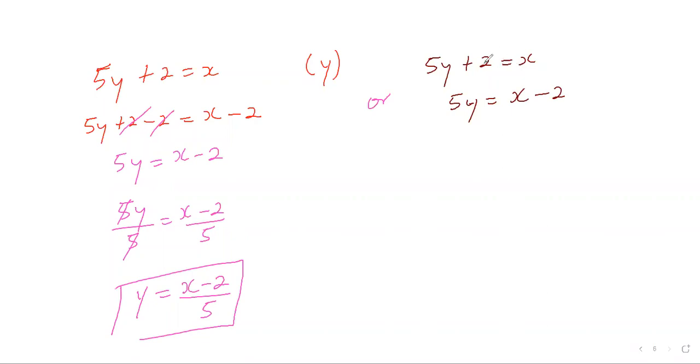Beautiful. So this is positive, we carry it over. Then what next now? 5y divided by 5, y equals x minus 2 over 5. And you get back the same thing.